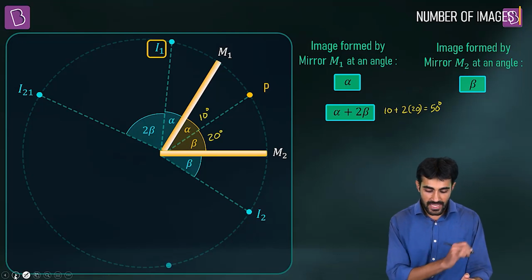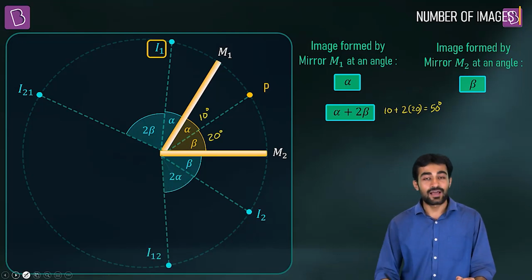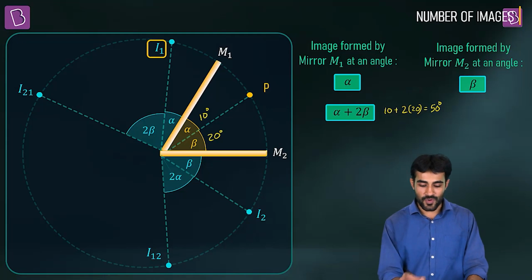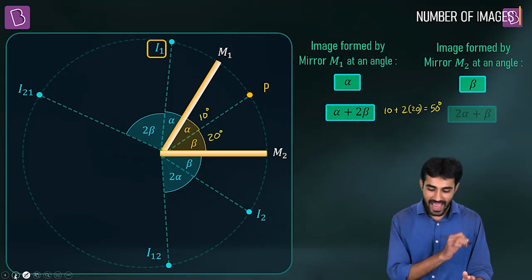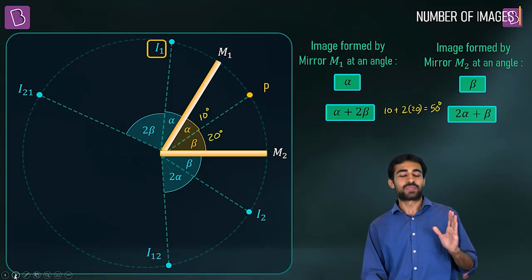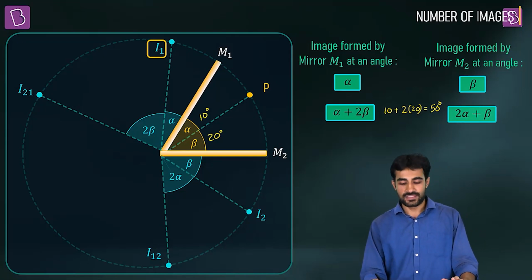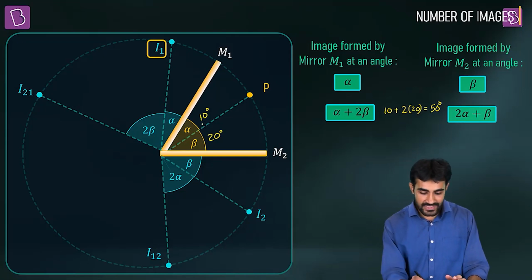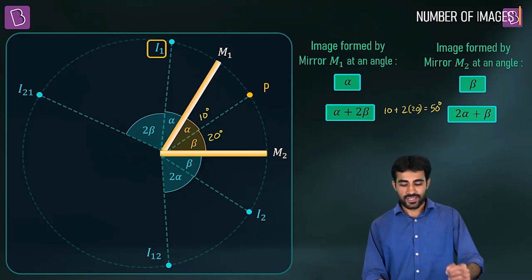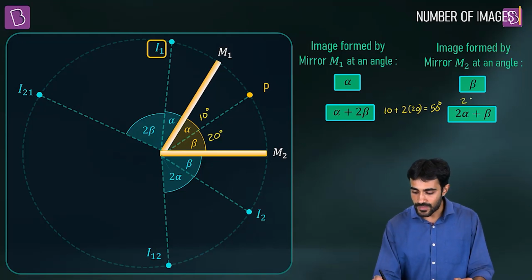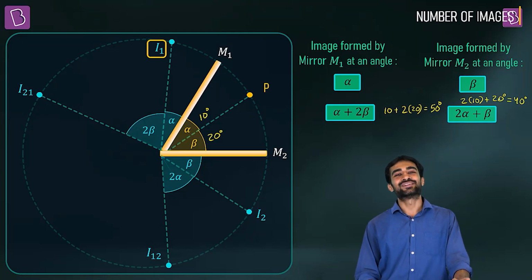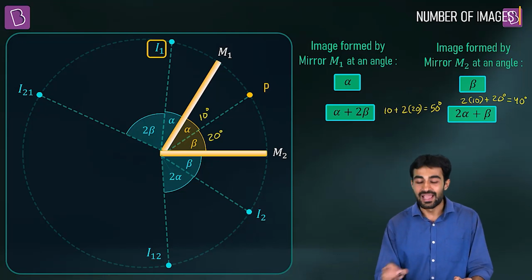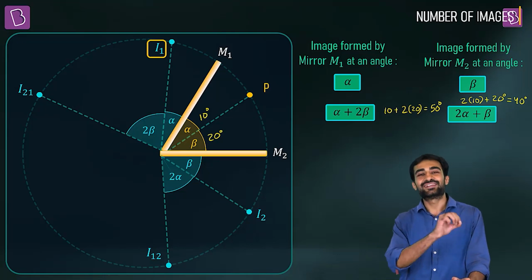And the image will also make an angle of beta plus 2 alpha from mirror M2. Now you know alpha is 10 degree and beta is 20 degree. So 2 times 10 plus 20. This is coming out to be 40 degree. We got the answer. One angle is 50. Another angle is 40 degree.